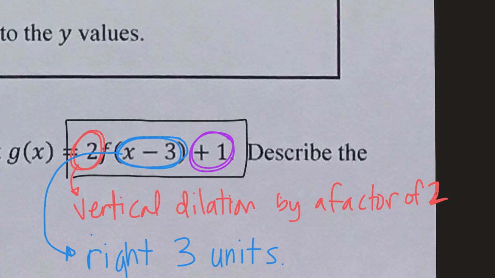So a minus in your parentheses means you go right that many units. And then what does the plus 1 at the very end do to our function? Moves it up 1 unit. So you can write translated up 1 unit, translated right 3 units. But this is sufficient for us to do.